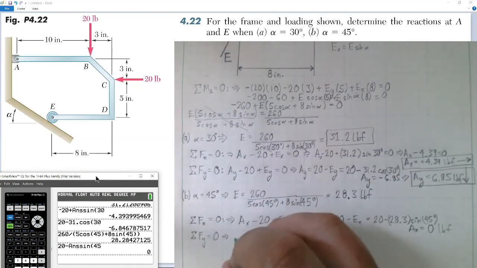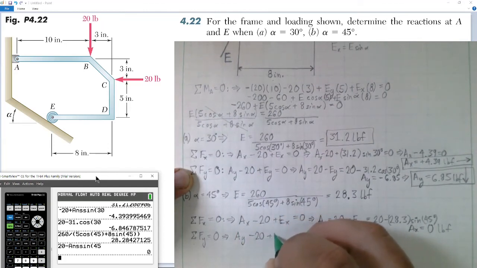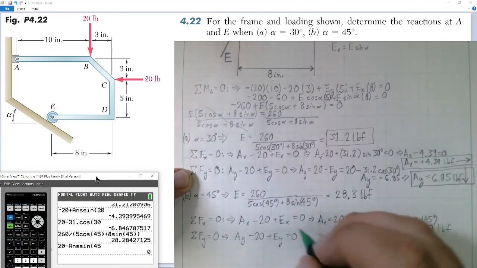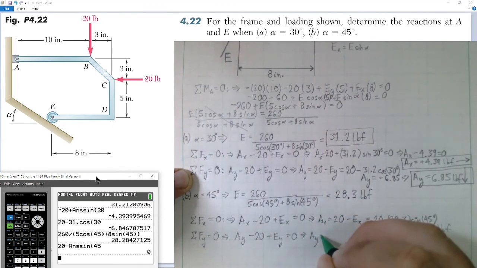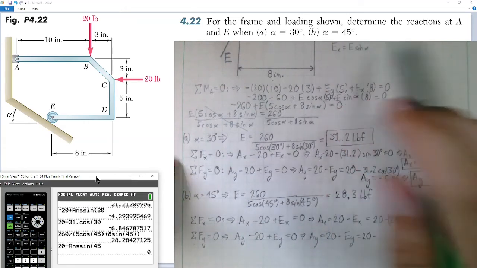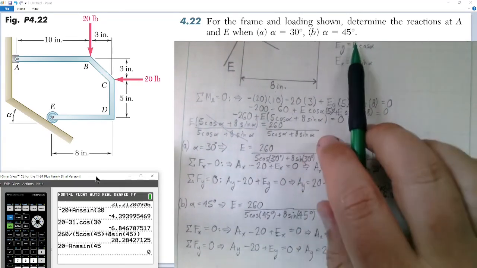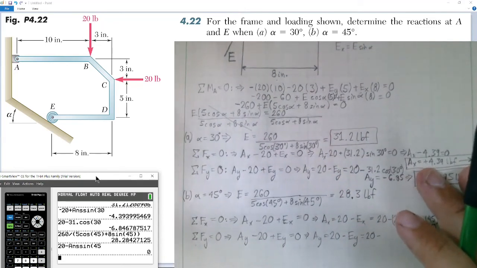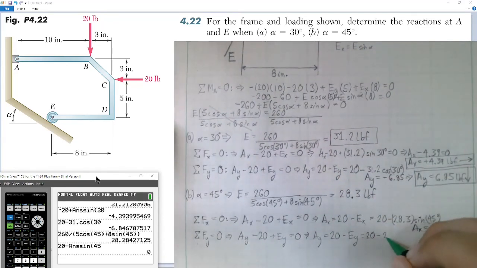So we will say the same equation, Ay minus 20 plus Ey equals 0, which tells us A sub y, reaction in the y direction for A, equals 20 minus Ey, which equals 20 minus Ey is E, this in the frame, E cosine of alpha, which means we have 28.3 times the cosine of 45 degrees.